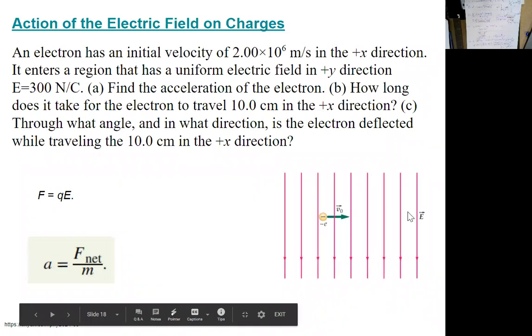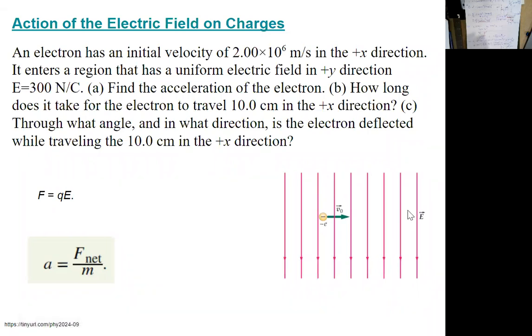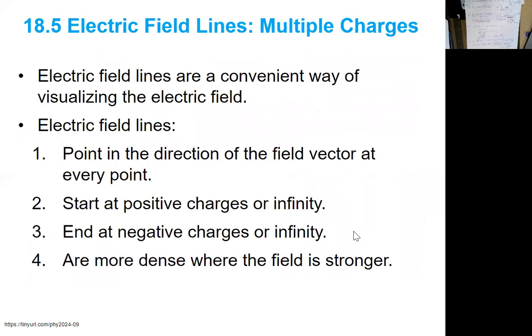So basically, when we are solving a problem or if we want to visualize electric field, we use electric field lines. Okay, so these lines are not real lines, but they help us to visualize electric fields. So basically, we use electric field lines as a convenient way to visualize the electric field, okay?